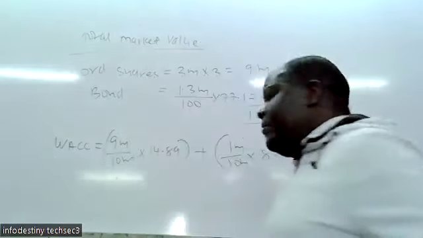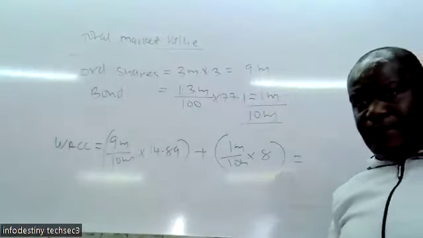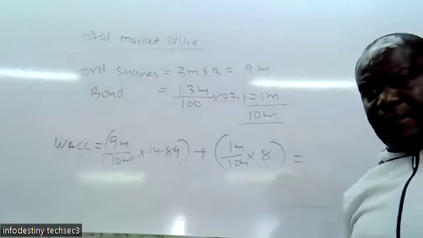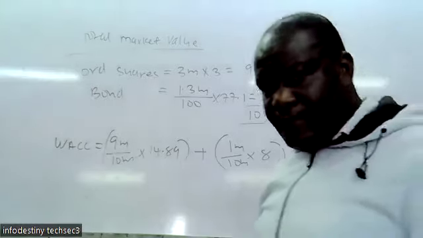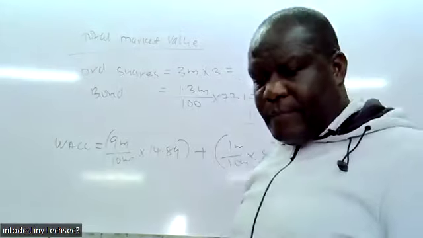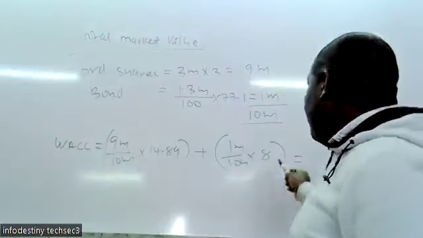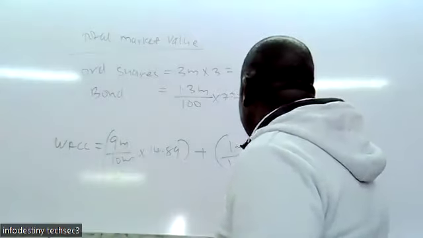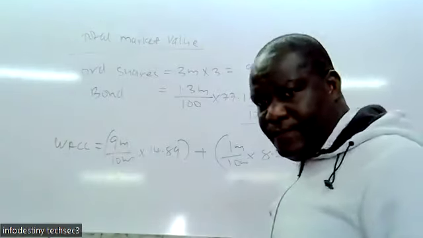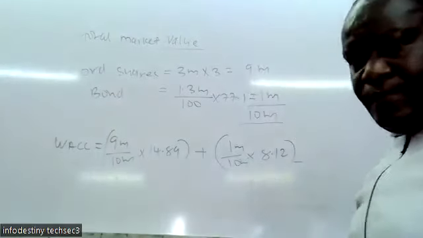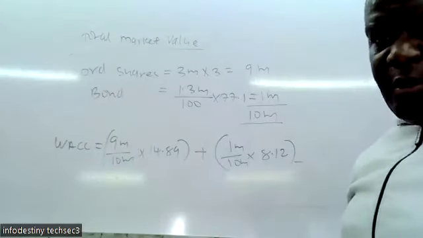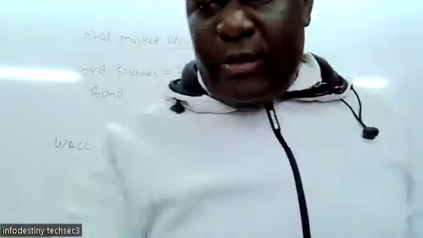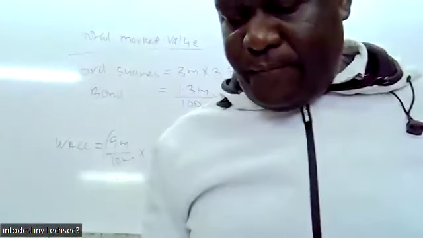So now you combine them together to give you the WACC. It is 8.1, so maybe you can have it as 8.12. So get your WACC in relation to that portion of the question.